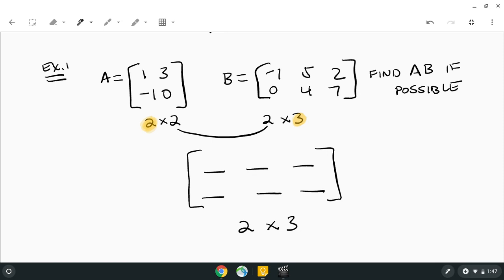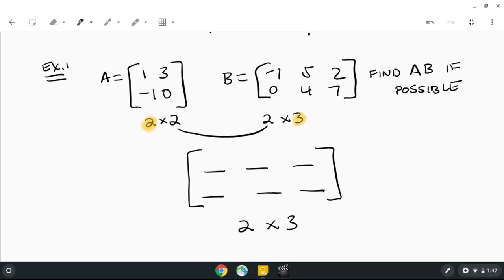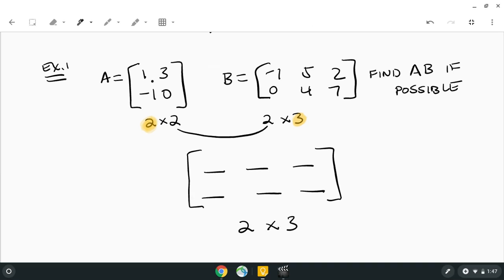This is kind of hard to show in this format. It's a little bit easier if I were in class. What you're going to do is take the row here and the column here. See how we have two elements here, 1 and 3?